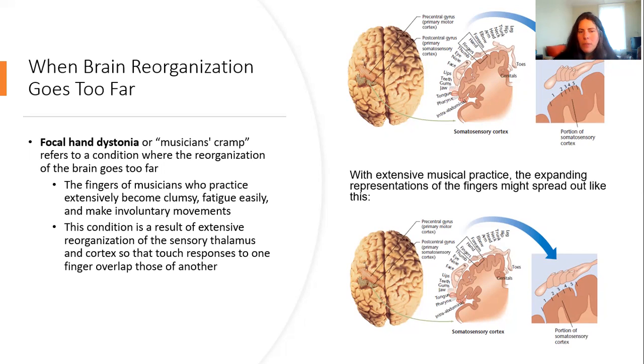So what happens is that there's extensive reorganization of the thalamus and cortex, so that touch responses to one finger are going to overlap with another finger. So it's going to affect the ability to have control over each individual finger, fine motor movements for the hands. And the result is clumsiness, fatigue, and involuntary movement.